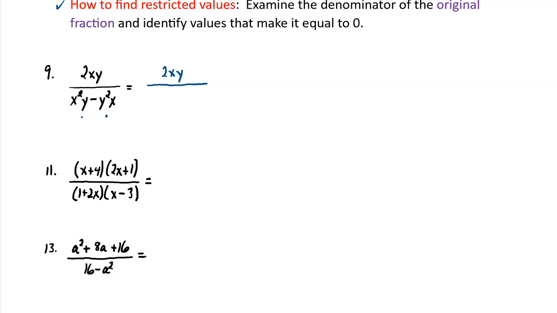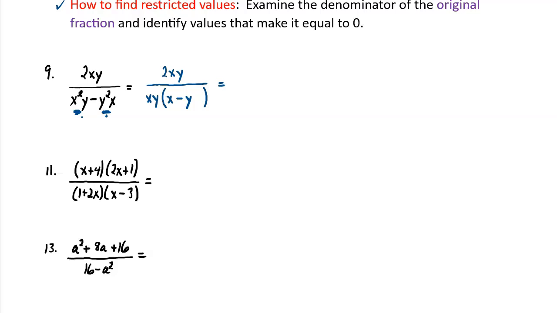It has two terms, and there is a GCF. The GCF includes x and y. When you factor out GCF, you follow that with one set of parentheses. xy times x is the x squared y term, and xy times minus y is the y squared x term.